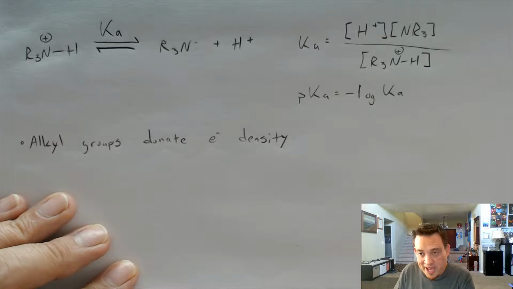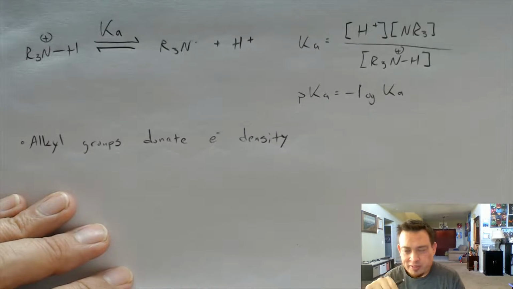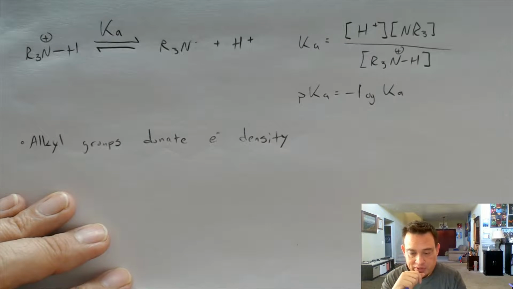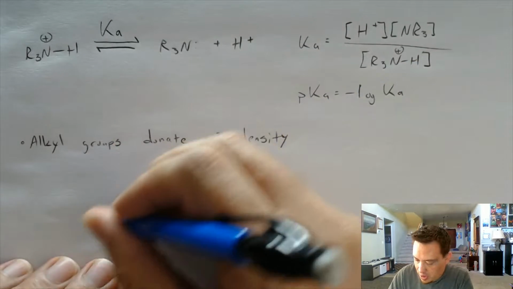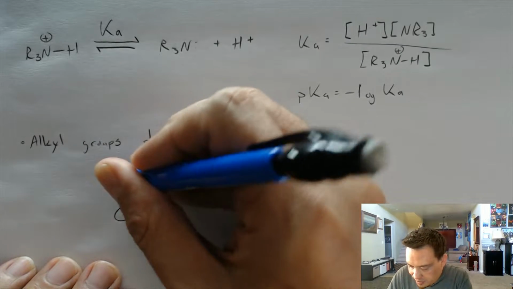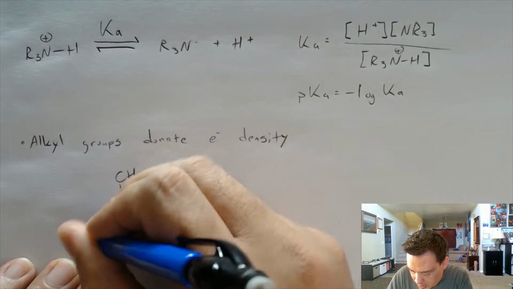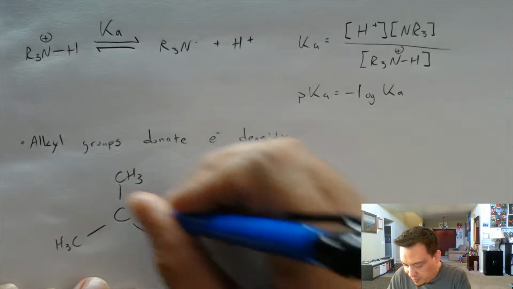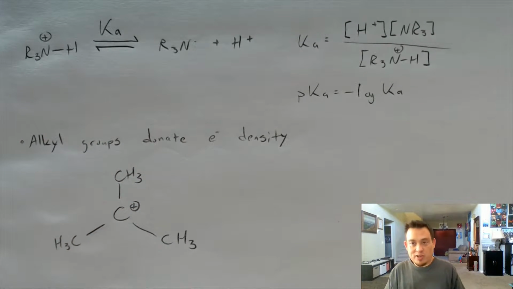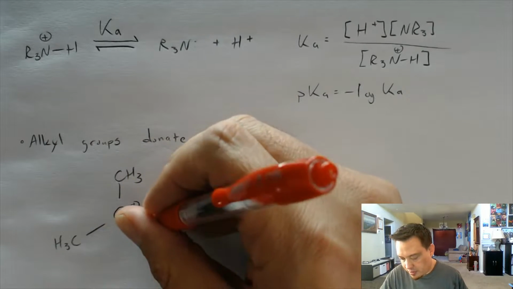When we talked about this last semester, we also talked about it this semester when going over the aromatic stuff and looking at directing effects on groups. But you should have seen last semester that alkyl groups stabilize carbocations by donating electron density towards that positive charge, like so.